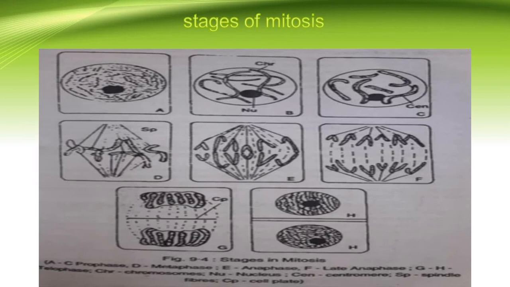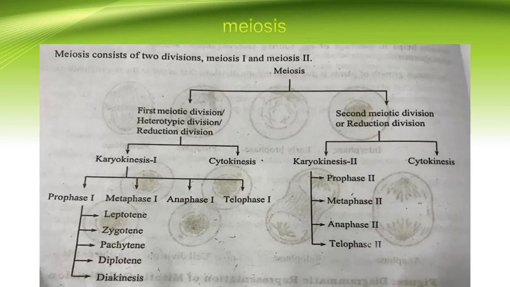The continuous growth of the plant will be due to the mitotic phase that will occur in the tissues of the plants, or the cells of the plants will undergo this process of mitosis and form the new daughter cells. Next we have is the meiosis.